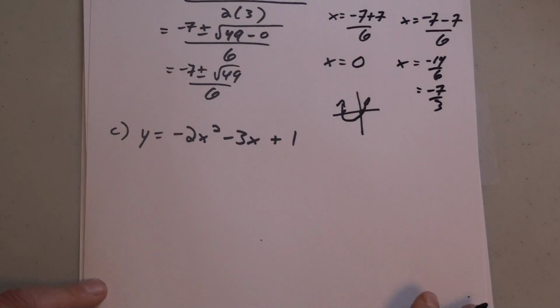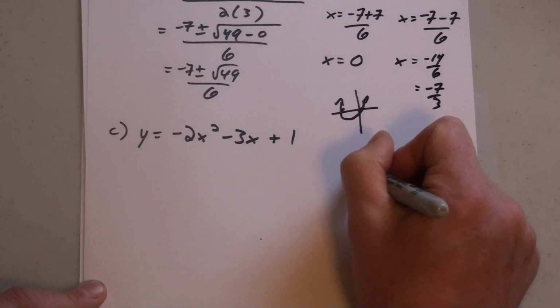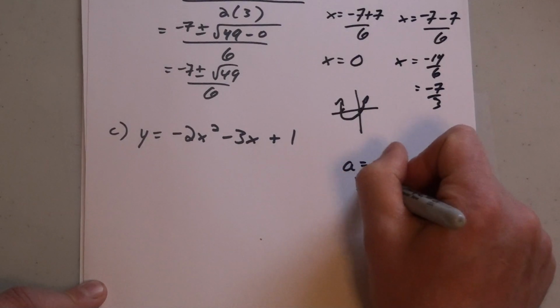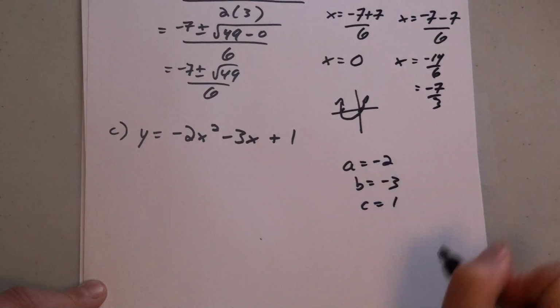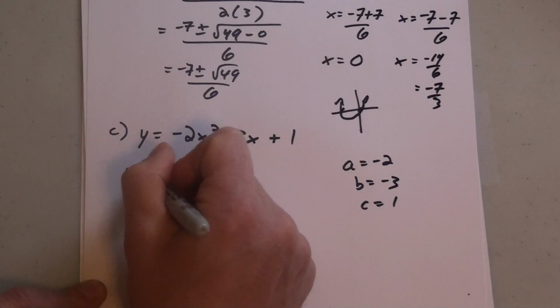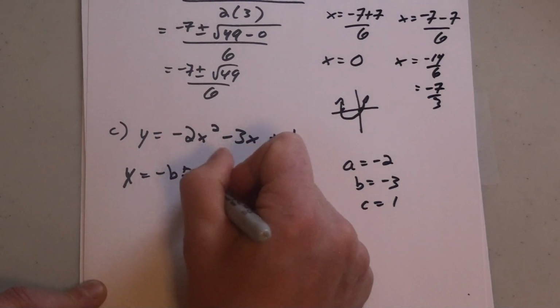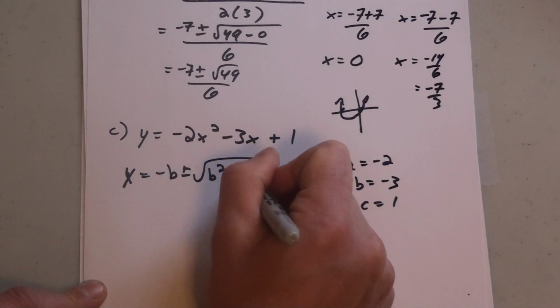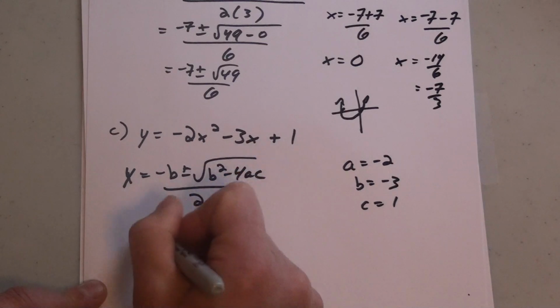For the third example, I have my a value of negative 2, my b value of negative 3, and my c value of 1. So again, putting it in the formula, x equals negative b plus or minus the square root of b squared minus 4ac all over 2a.